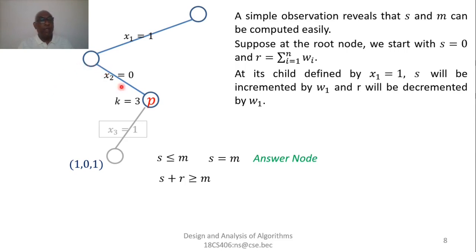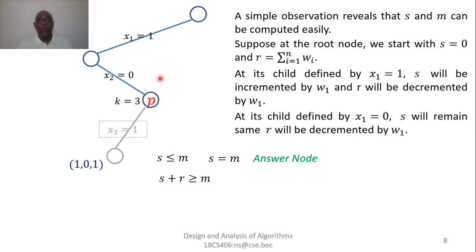But the story is different at the node defined by xk equal to 0. At the node defined by xk equal to 0, we know that Wk is not considered, and hence the sum remains constant because you haven't considered the weight wk. And because you have considered the weight wk in the remaining weights, R will be decremented by wk. So we generalize now once again.